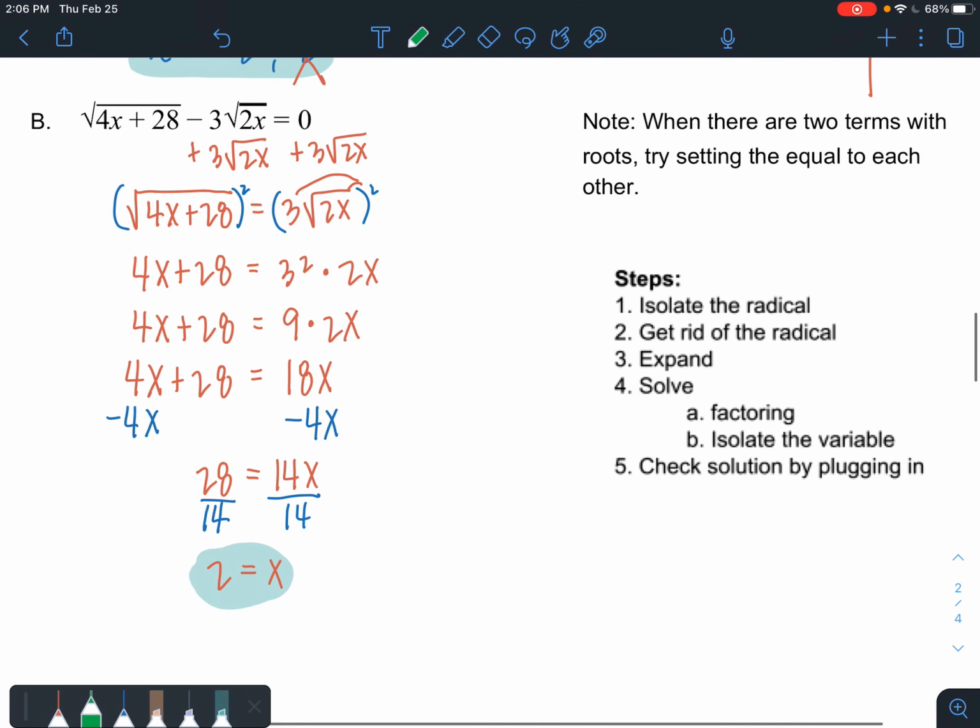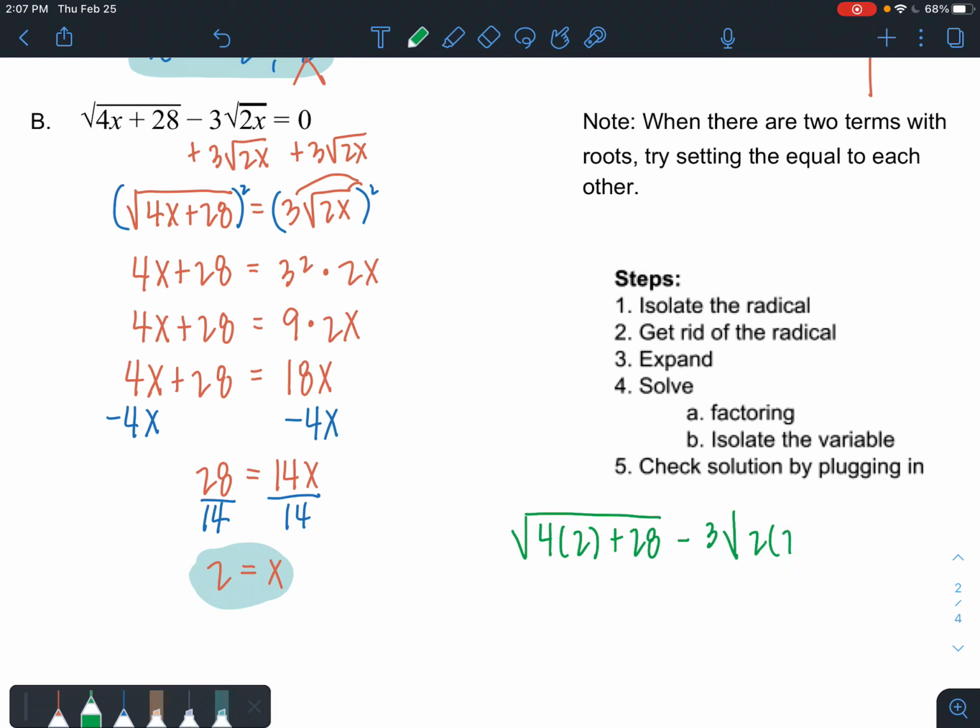Plugging it in, we have the square root of 4 times 2 plus 28 minus 3 square root of 2 times 2 equals 0.